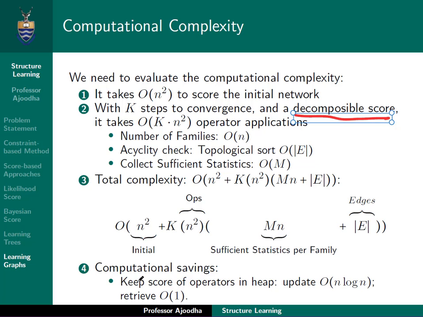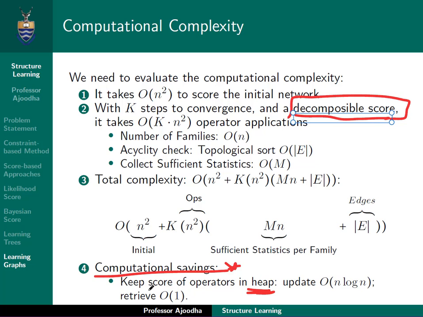Yeah, okay. All right. So the computational savings can actually be increased. Alongside having a decomposable score, which means that we don't have to recompute the entire graph structure anymore, we just have to compute the parts of the graph that change. But on top of that, you can actually save more by keeping a heap of all of the different operators that you have, the score of the operators that made the change.